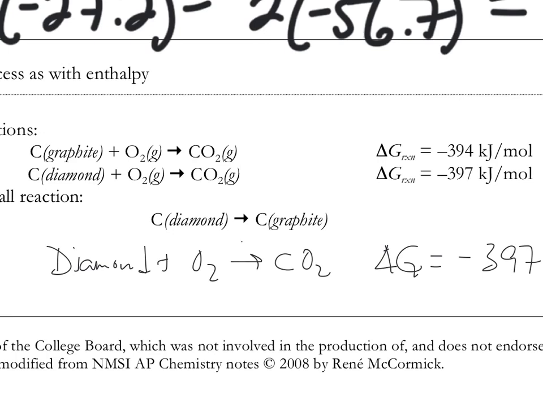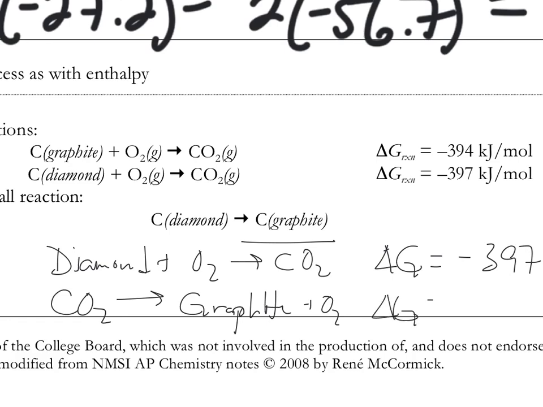I need graphite on the product side, however, so I'm going to look at the reverse of this. CO2 makes graphite plus O2. The delta G there is positive 394 because I ended up reversing this one.